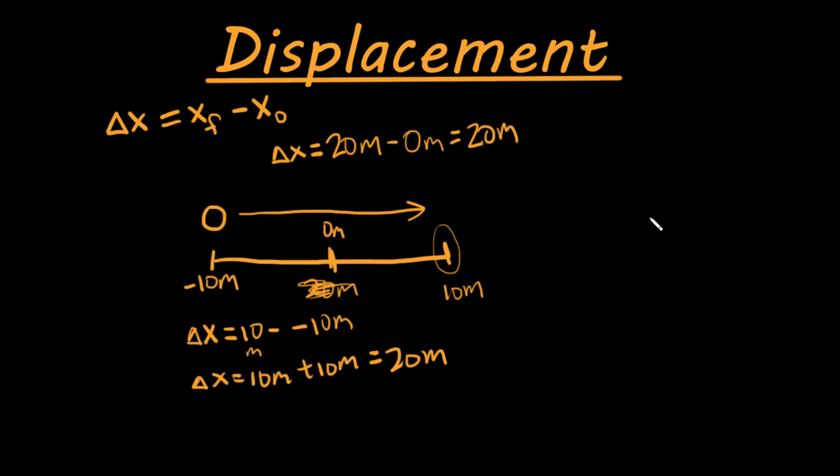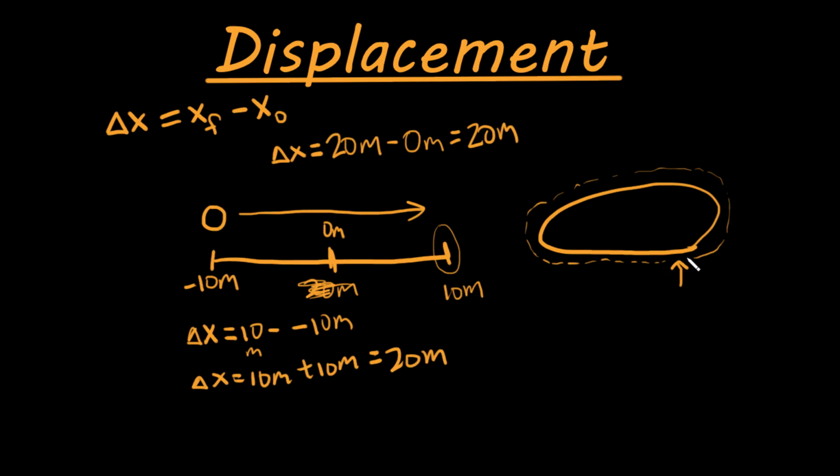Let's say we have some running track, right? This is a running track. And say we start right here. So this is more of a conceptual question, but let's say we run all the way across this track, right? Do one lap around, and we end up right here. So because our final position and our initial position are the same thing, our delta x would be 0.